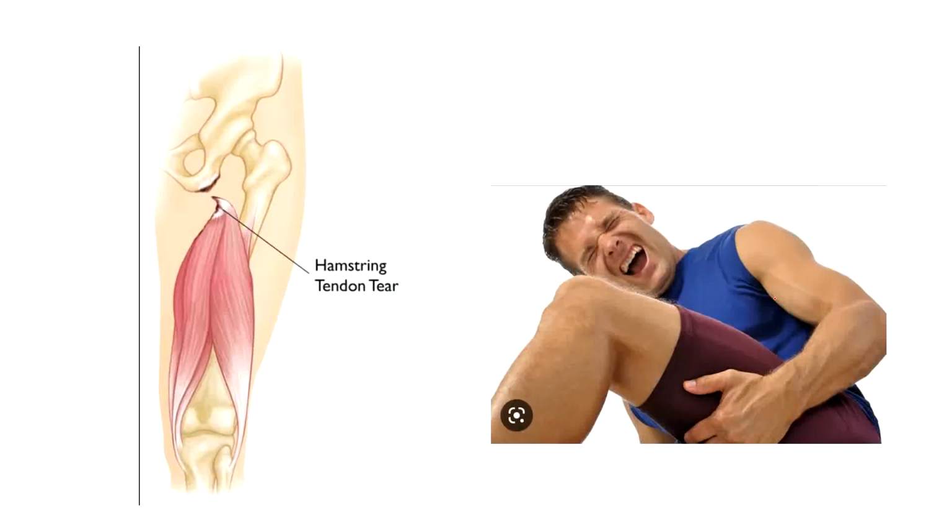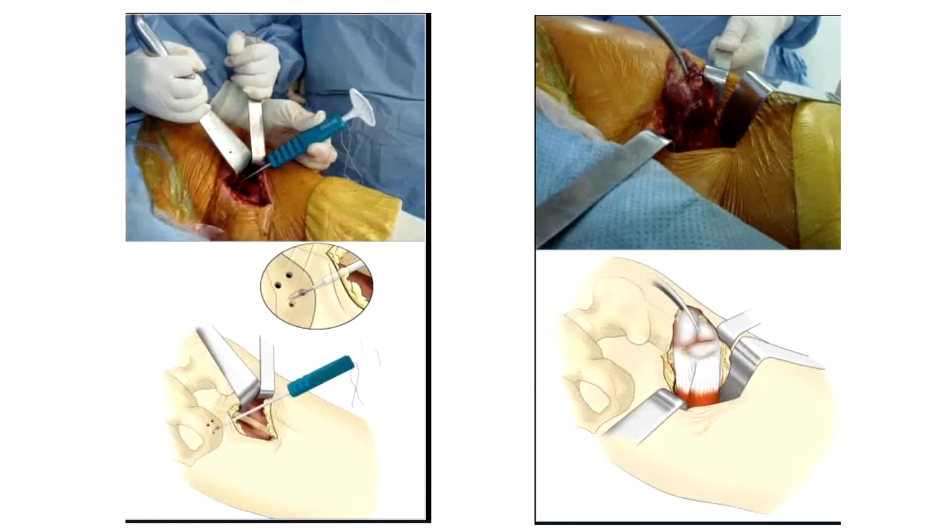Now what is the treatment for hamstring tendon tear? When there is a complete avulsion of muscle from ischial tuberosity, the treatment has to be done surgically. So normally the hamstring muscles are stitched or stapled to the ischial tuberosity.